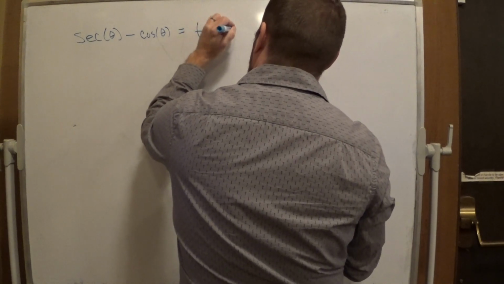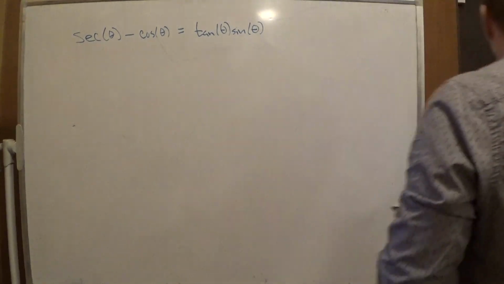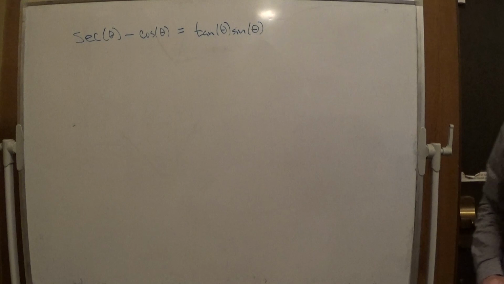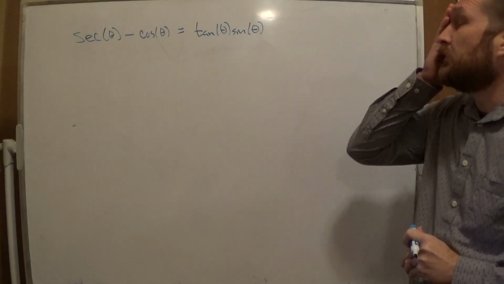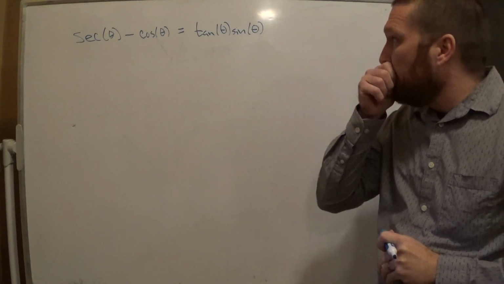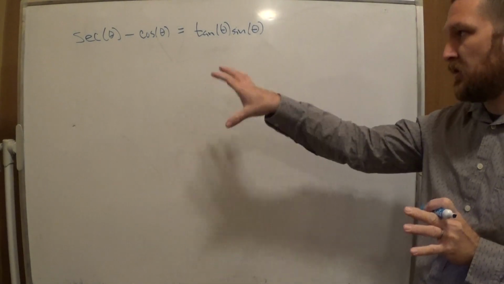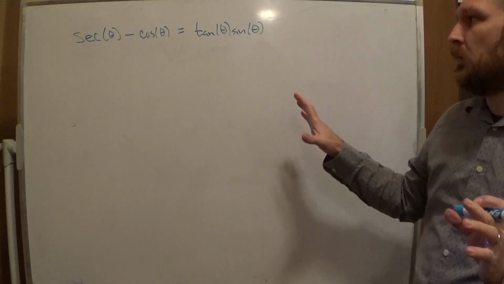Oh, this one was hard, I think. So here's the thing. What number was this? This was 63. Yeah, this one. Now there's a bunch of ways we could think about this. And what I've suggested is you take one side of the equation and try to turn it into the other side of the equation.